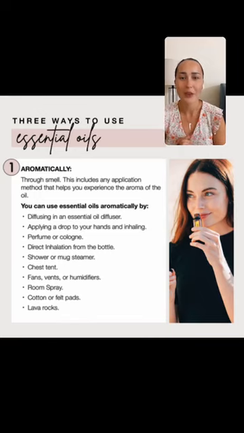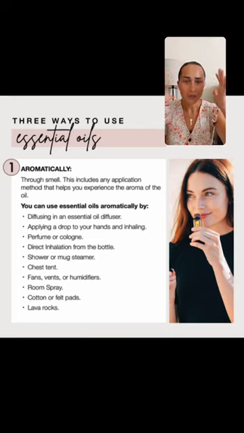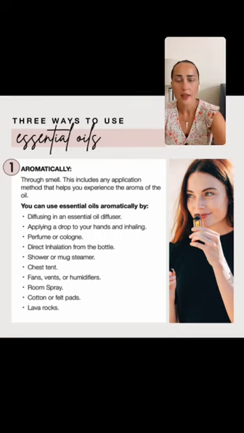Then you can put it in the mug steamer, in the shower when you take a shower, or in a shampoo when you wash your hair, not only to get the benefits topically but also aromatically. So just look through this slide when you get a chance, there are so many aromatic ways that you can use the oils. And the second one is the topical use.